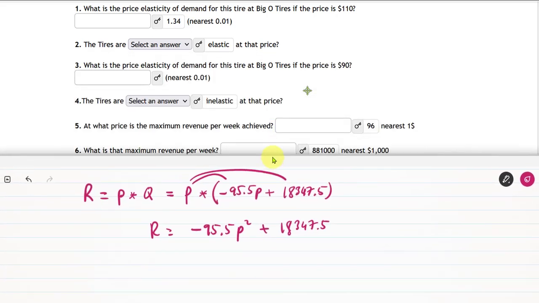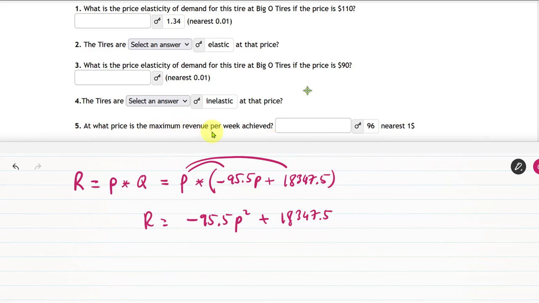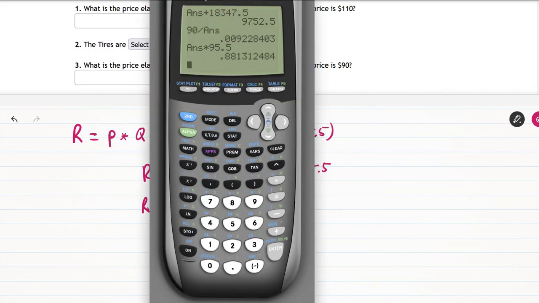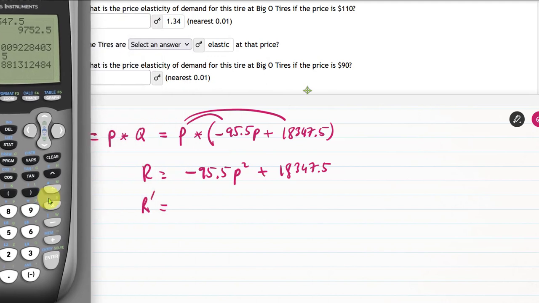I want to maximize the revenue. They ask you what should be the price. That's why we need to rewrite the revenue equation in terms of the price. So now I need to take the derivative, right, to find a critical value. So bring down 2 to minus 95.5. We can do a quick calculation here.